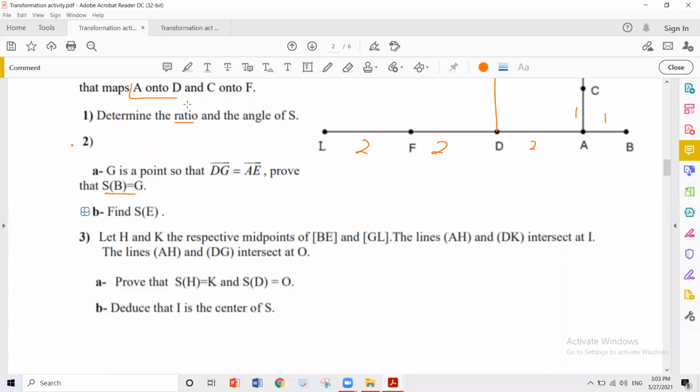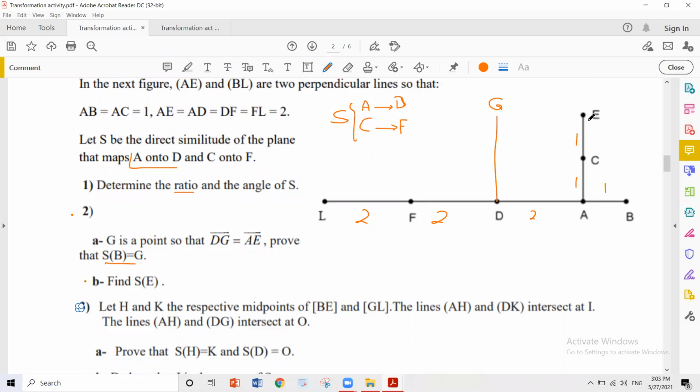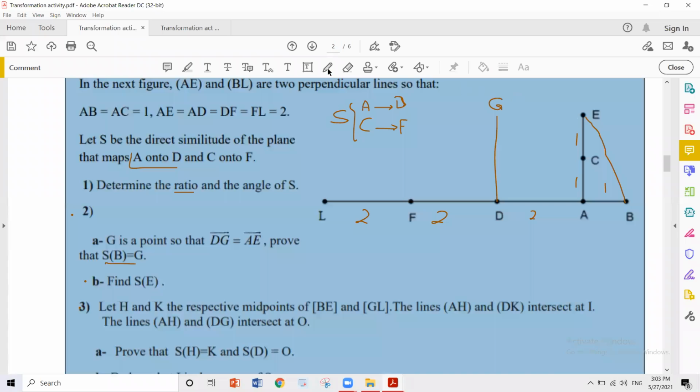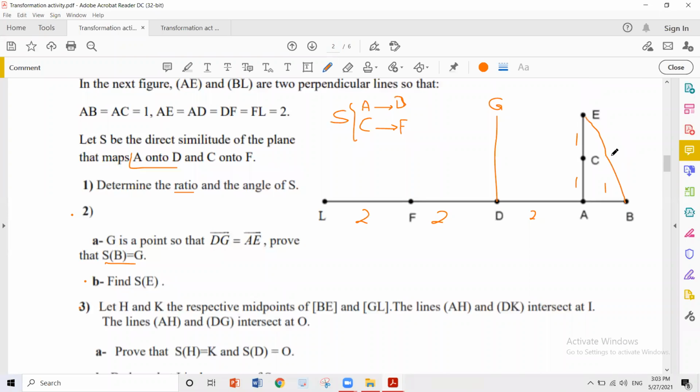Now, part 3. Let H and K be the respective midpoints of BE and GL.